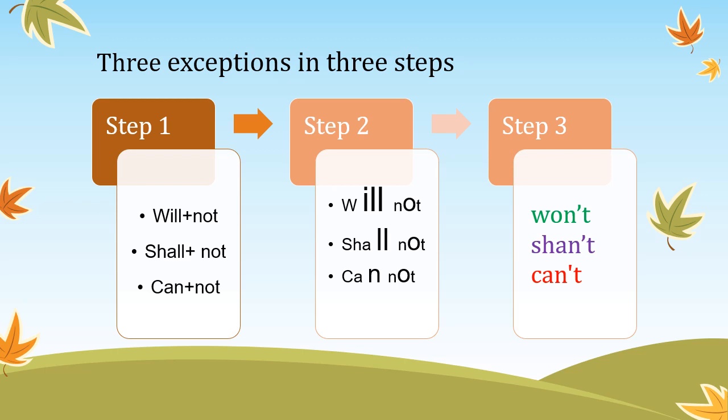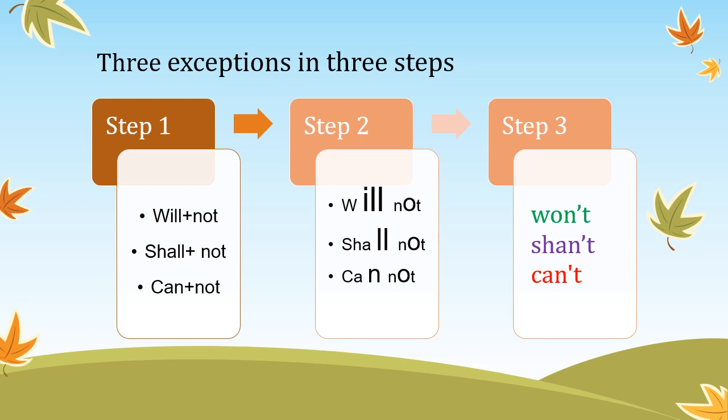There are three exceptions to the rule which we have discussed earlier. There are three words which do not follow that rule, so these words are called exceptions. We will look at them one by one, that how to make short forms of these words. Number 1. There are two words will and not. We join these two words. We skipped ILL from the word will and O from the word not.